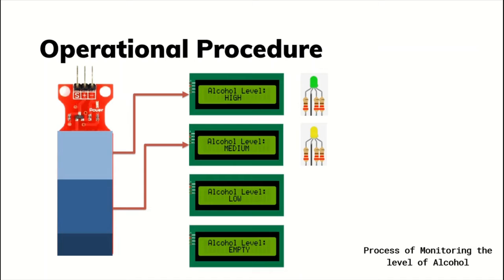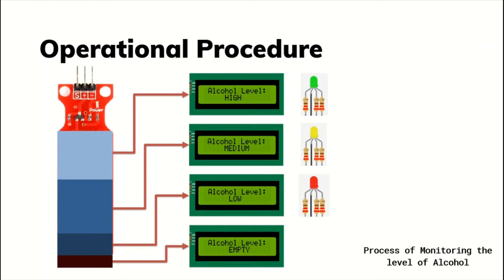If the alcohol level is greater than 1 but less than 200, the LCD will print low and the LED will turn into color red. And if the alcohol level is 0, the LCD will print empty and the LED will turn off.